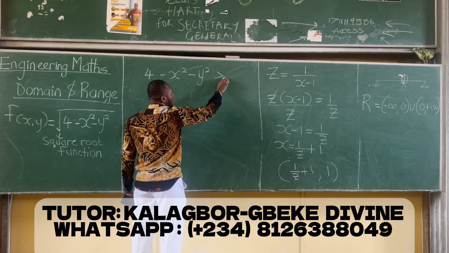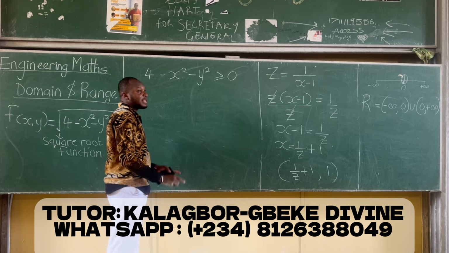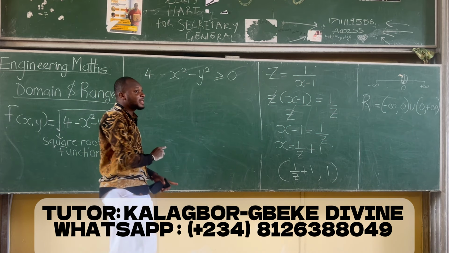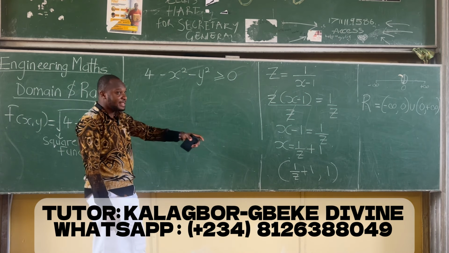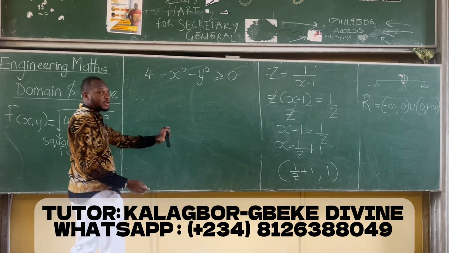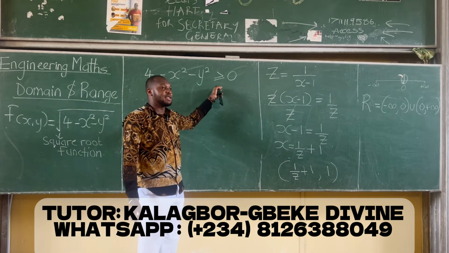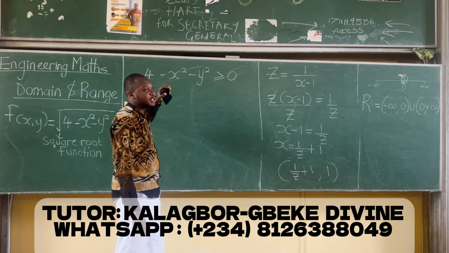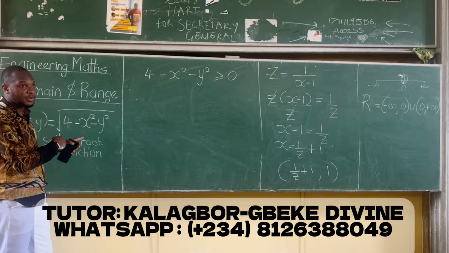Greater than or equal to 0. It can be equal to 0 or greater than 0, but it should not be negative. If it's less than 0, you're moving towards the negative direction. That's why we have this condition. So this is another restriction, and working with it, we can now get our domain.